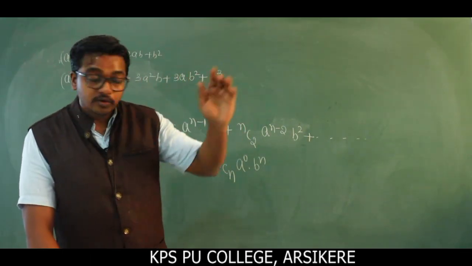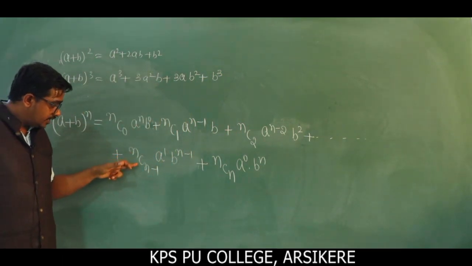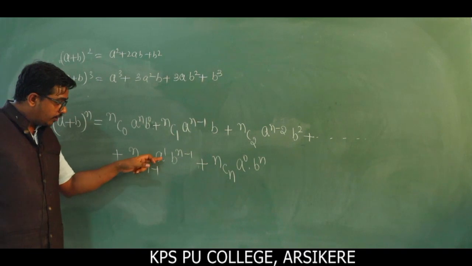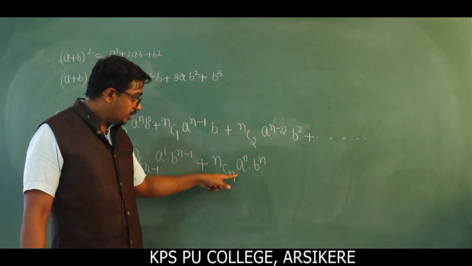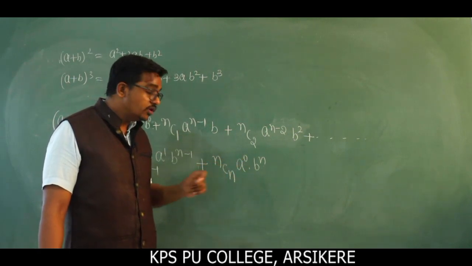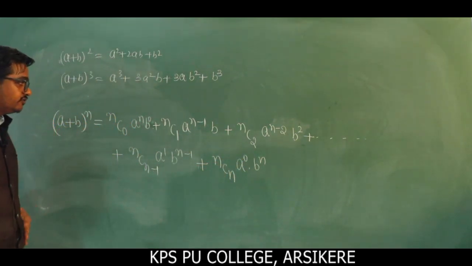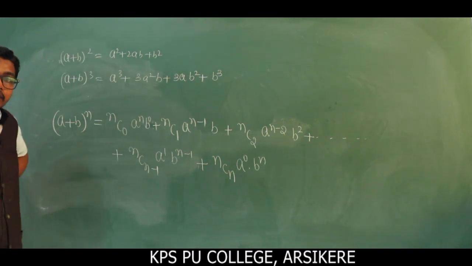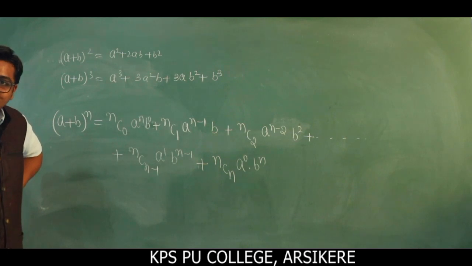That will continue, and the last two terms of this expansion are nC(n minus 1) a power 1 into b power n minus 1 plus nCn into a power 0 into b power n. If you observe carefully, if you add the powers in all the terms, it is always equal to n.